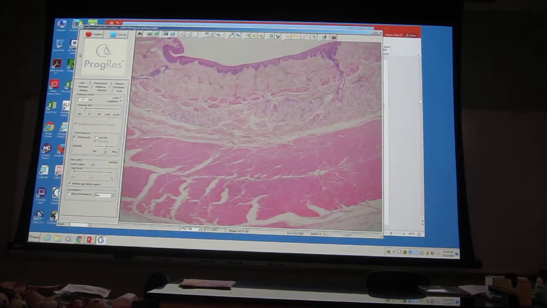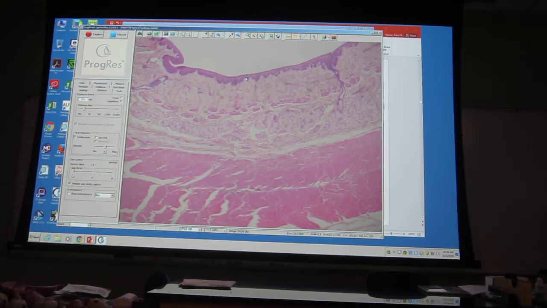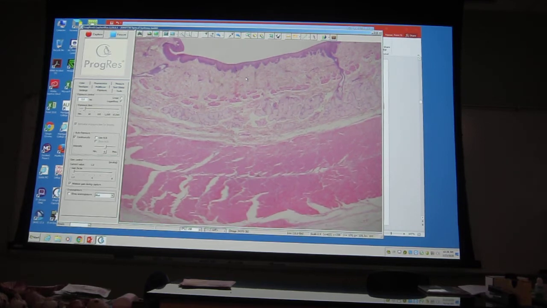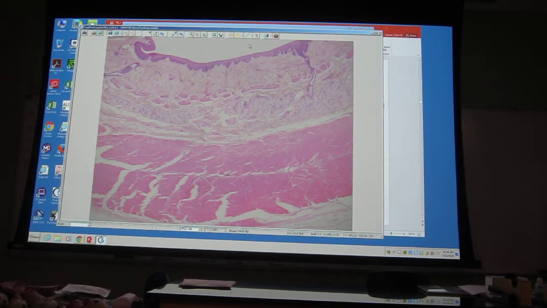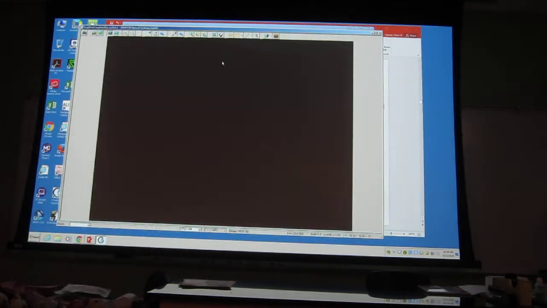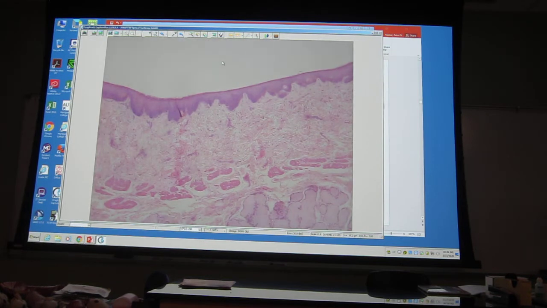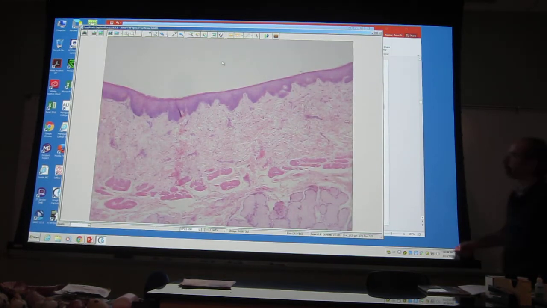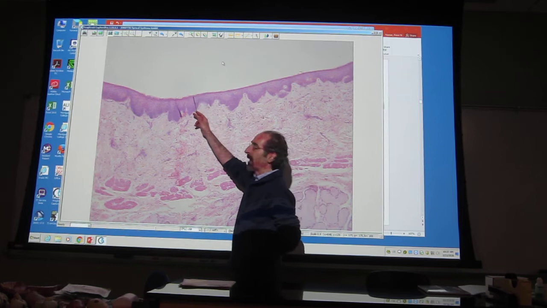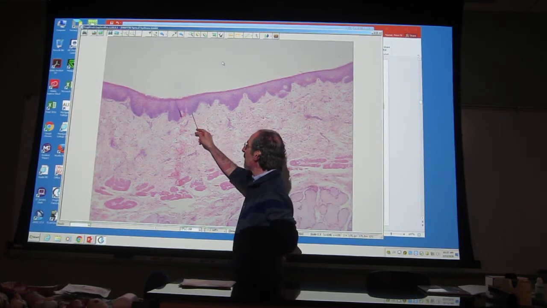All right, so now let's look at the real slide, our slide. This is what we see. Up top is the lumen. Here is your stratified squamous epithelium. When you zoom in on this, you should convince yourself that you are looking at not a single layer of cells, but many layers of cells.